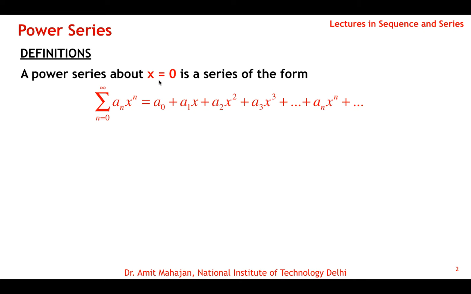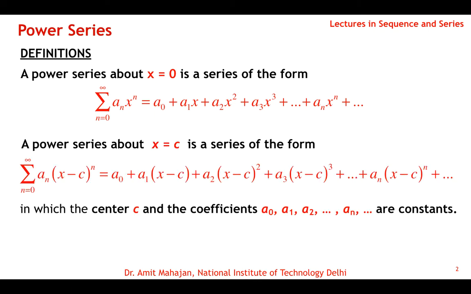So if we calculate the power series about any other point, say x is equal to a or x is equal to c, a power series about x is equal to c will be in powers of x minus c. Okay, so it is of the form summation an times (x minus c) whole power n, where index n varies from 0 to infinity.